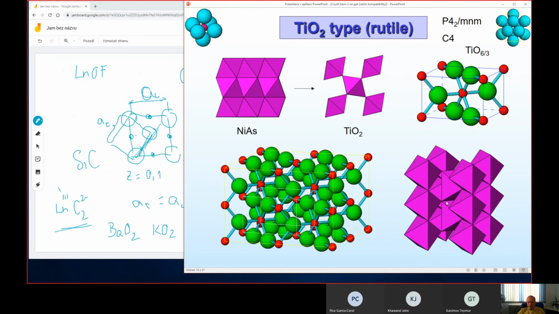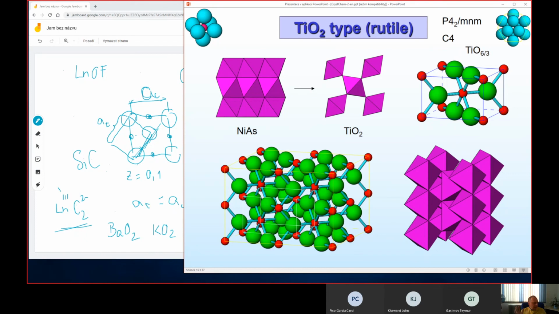So this is the resulting structure of rutile, which is adopted also by other transition metal oxides like manganese dioxide or some fluorides, like magnesium difluoride.